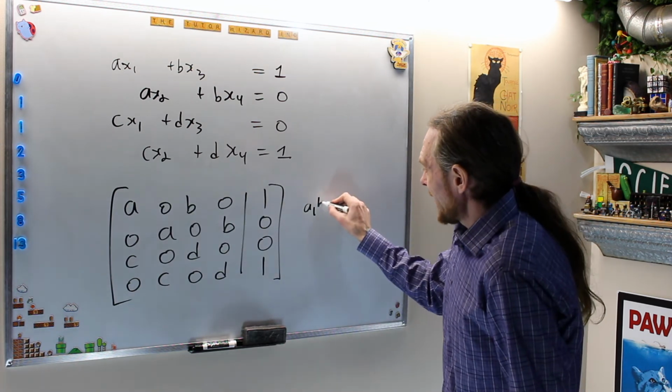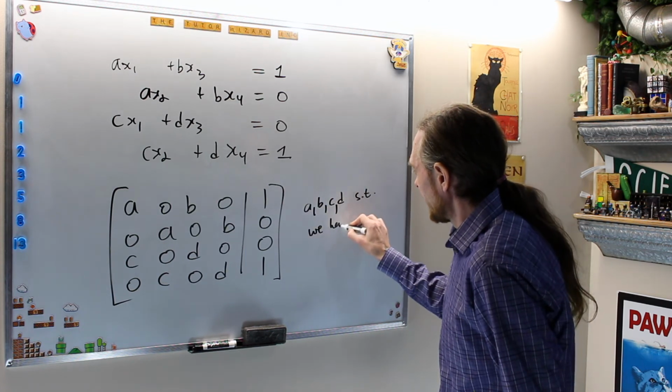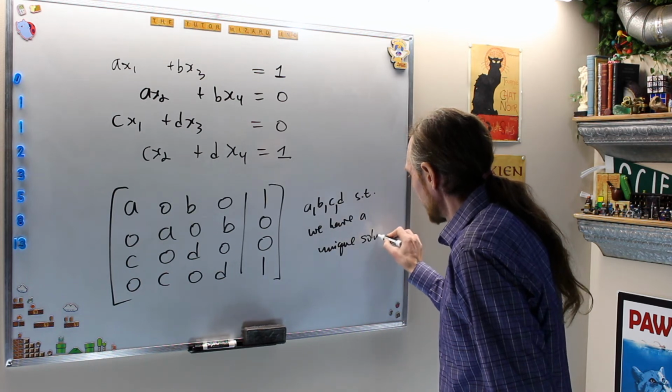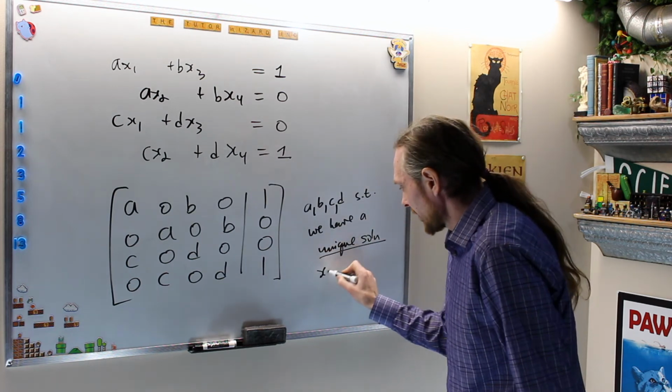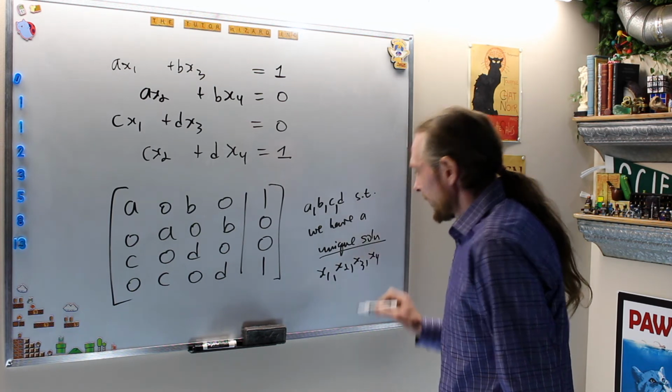What I need is A, B, C, D such that we have a unique solution to this system. And we're looking for x1, x2, x3, x4.